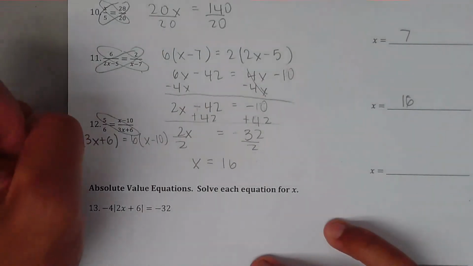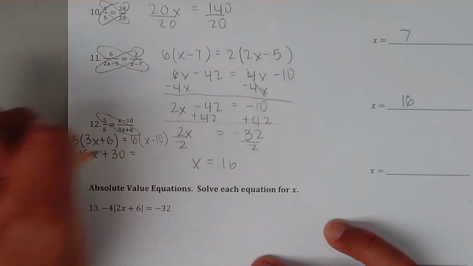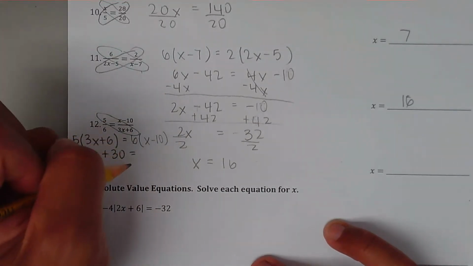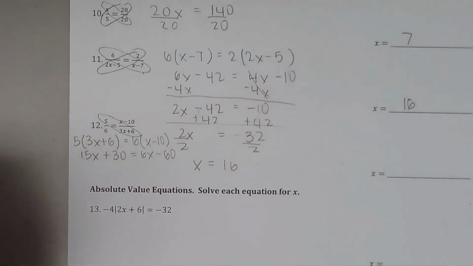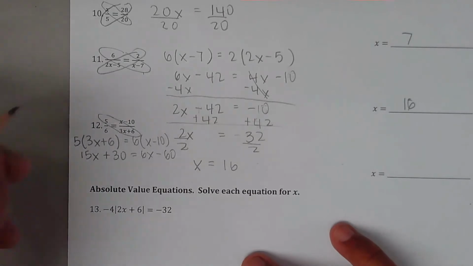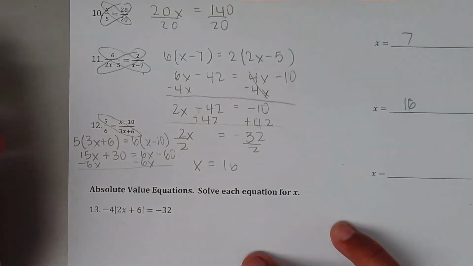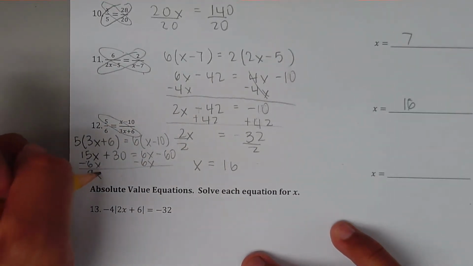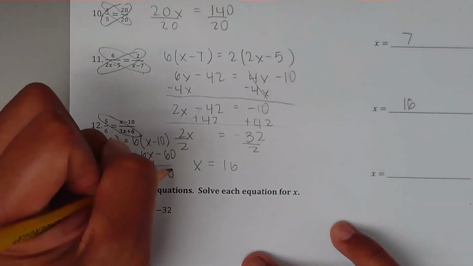Distributing, we get 15x plus 30 is equal to 6x minus 60. All right, so subtracting 6x from both sides. We get 9x plus 30 is equal to negative 60.